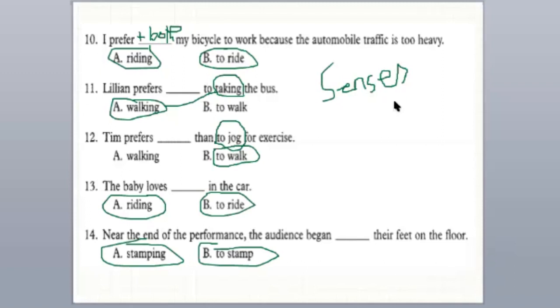Detest, abhor, for example, okay? Verbs of senses, we use both gerund and infinitive, okay? The only thing that we should pay attention to is parallel structures again. If you have infinitive, we have parallel structures, you need to be careful about that, all right? I hope this is clear. Okay, let me clear all my drawings now here. Next.